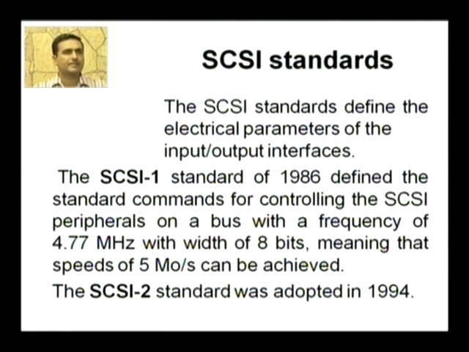Now there are the various SCSI standards. The SCSI standards define the various electrical parameters of the input-output interfaces. The SCSI 1 standard of 1986 defined the standard commands for controlling SCSI peripherals on a bus with a frequency of 4.77 MHz and a width of 8 bits, meaning that a speed of 5 Mbps, megabits per second, can be achieved.